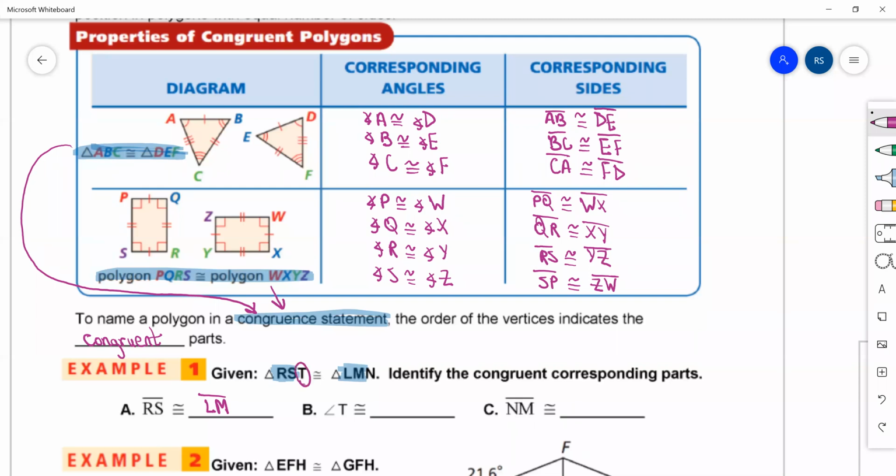And I have T is congruent to N. So angle T is congruent to angle N. Then I have NM. It's congruent to TS. I have to put TS because N came first on the first one. They've got to be in the same order.